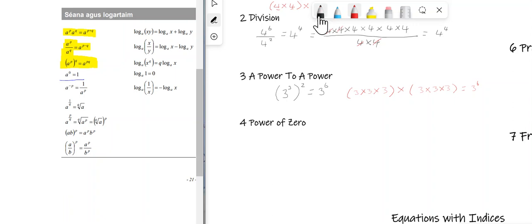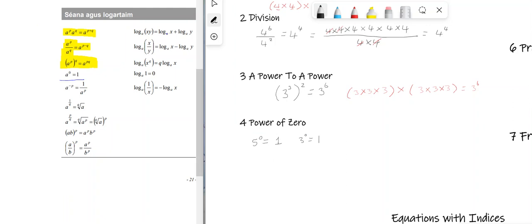So basically what that means is that any number that's raised to the power of 0 is always equal to 1. So as an example, if I have 5 to the power of 0, that's just equal to 1. If I have even, let's say, 3 to the power of 0, that's equal to 1. So that's the fourth rule there.